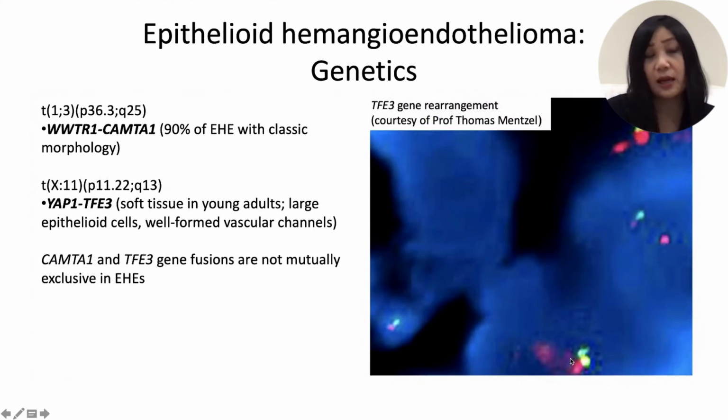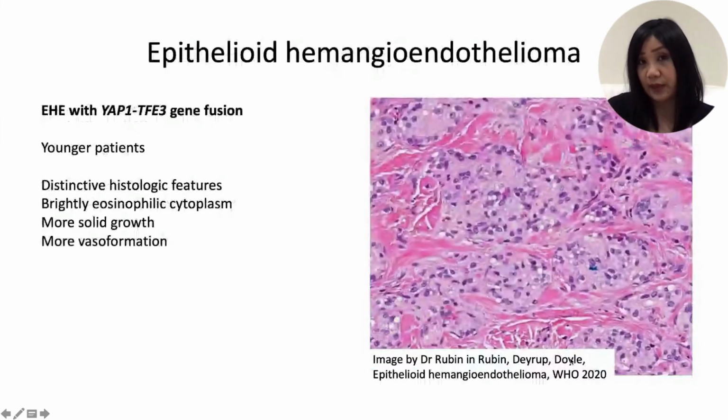And genetically, 90% of EHE is associated with WWTR1-CAMTA1. Sorry, that's 90% of EHE with classic morphology of the strands of relatively uniform epithelioid cells in myxohyaline stroma. However, there is an alternate fusion in which YAP1 pairs with TFE3, and it is thought that epithelioid hemangioendothelioma with this fusion might represent a distinct clinical and pathologic subgroup.